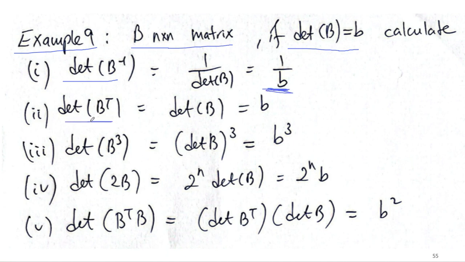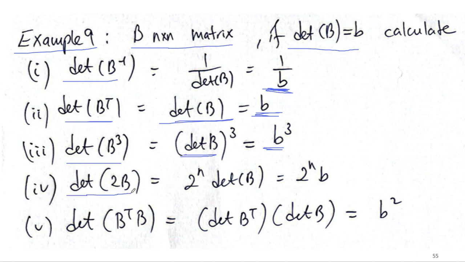The transpose doesn't change anything for the determinant, that's still the same. The determinant of B cubed, or to the fourth order, etc., you can take the power of the result, so that's going to be b to the third power.